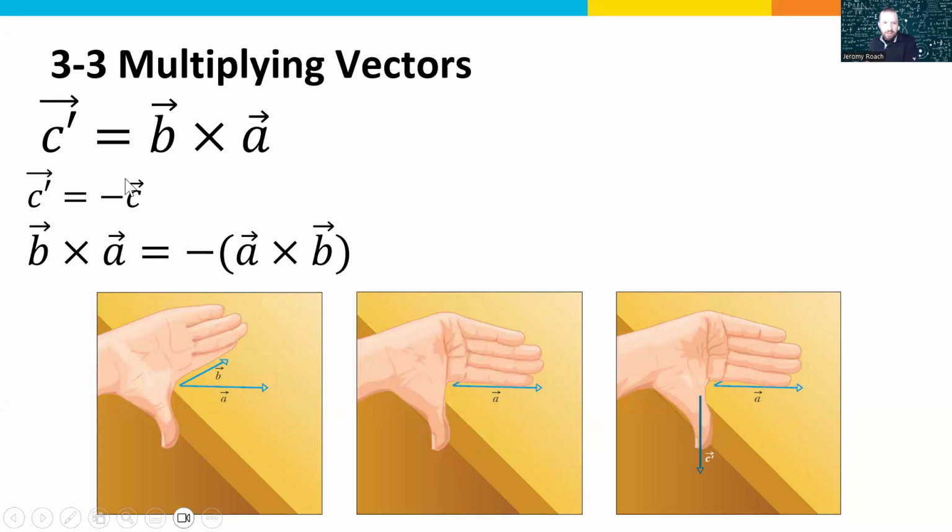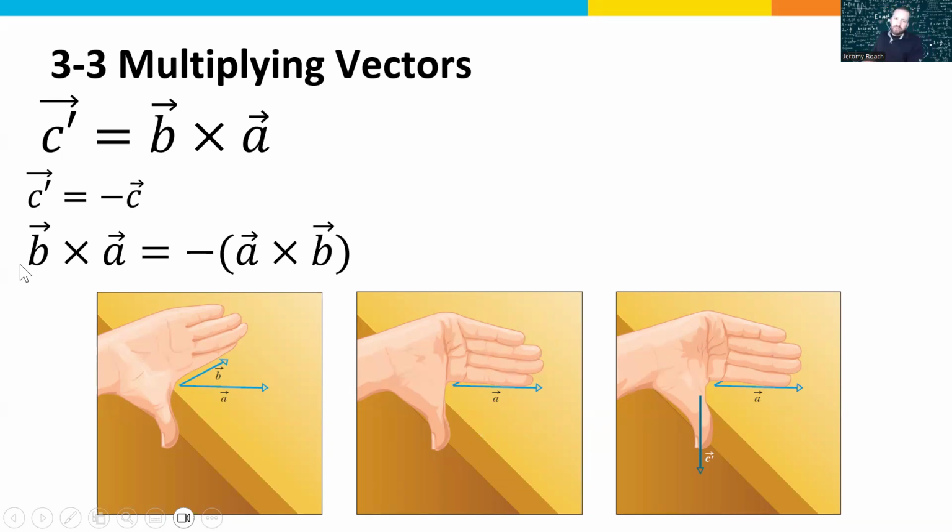Vector C prime is equal to vector B cross vector A. Or another way to say it is vector C prime is equal to the negative of vector C. I think that's probably the easiest way to remember what that part is.